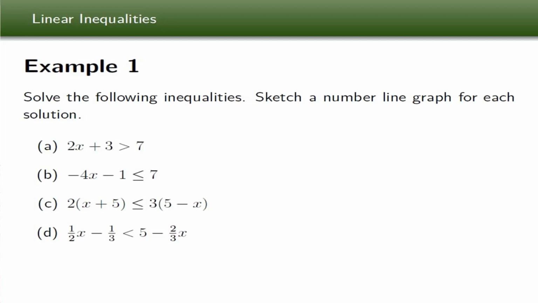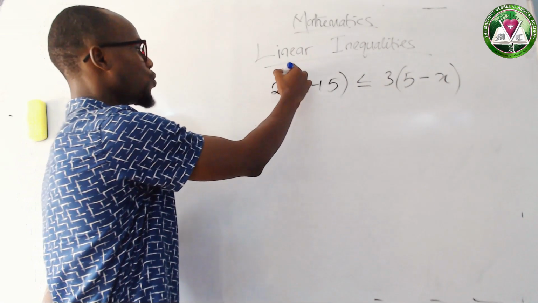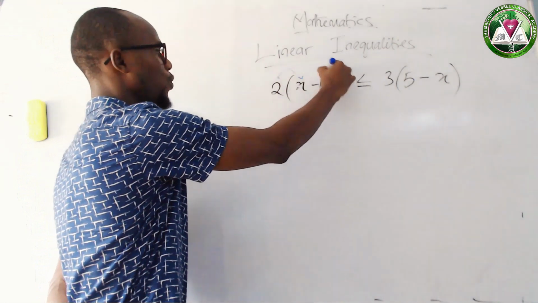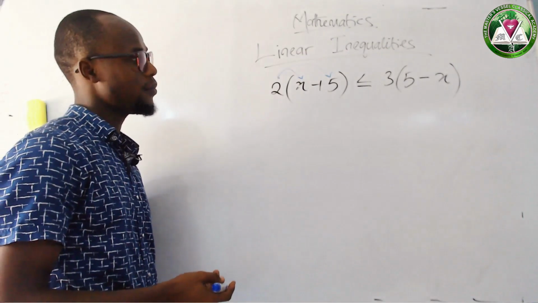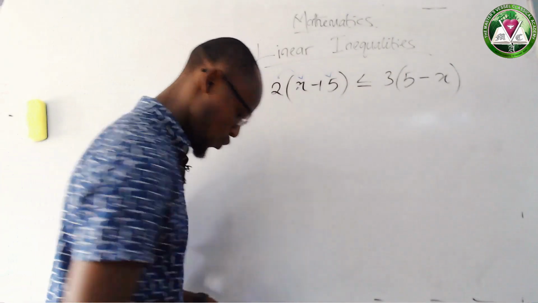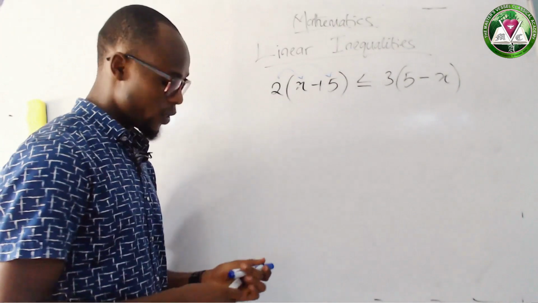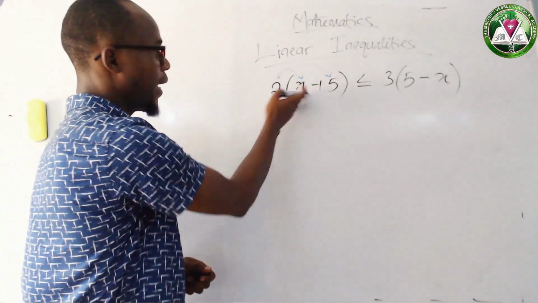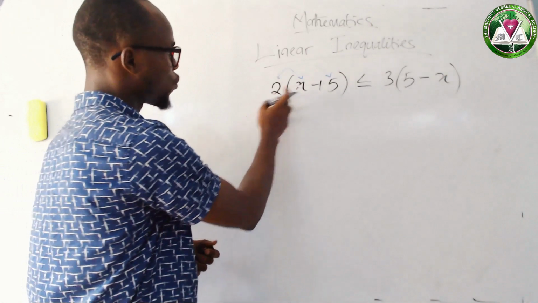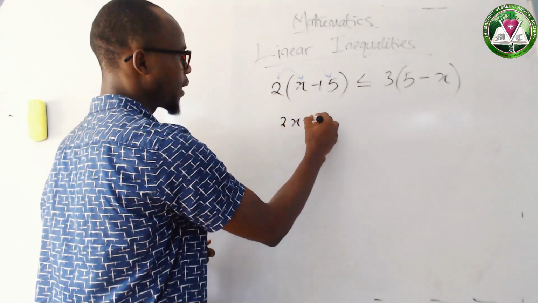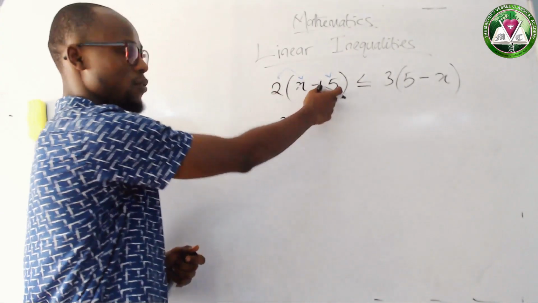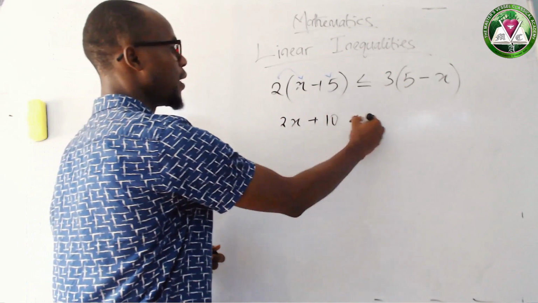We're using the distributive property, where we distribute 2 over x and also over 5. So 2 times x, we have 2x, then plus 2 times 5, we have 10, less than or equal to.